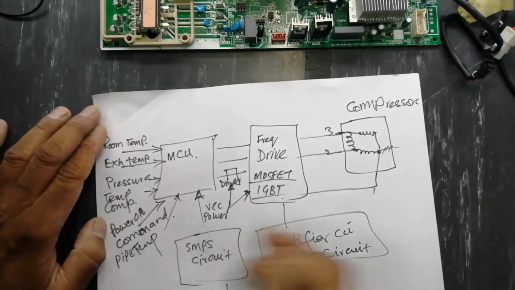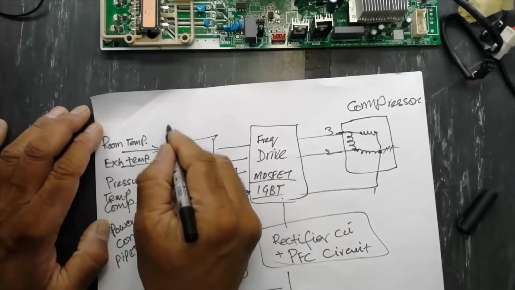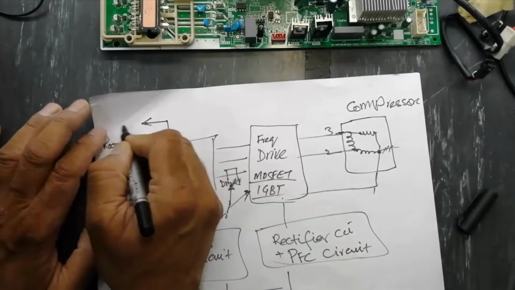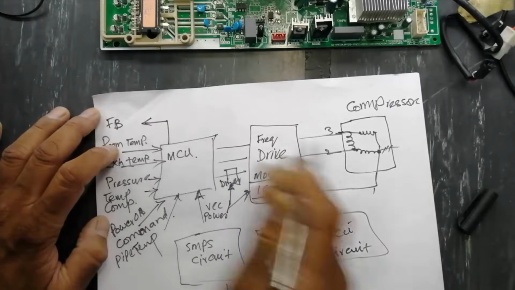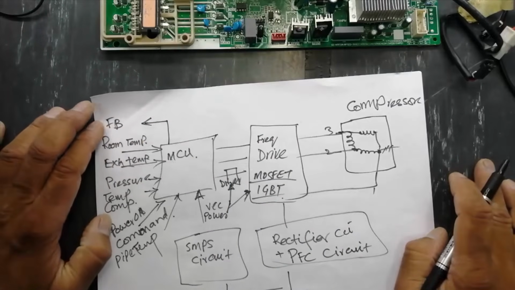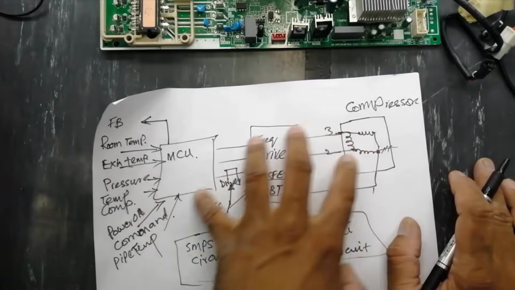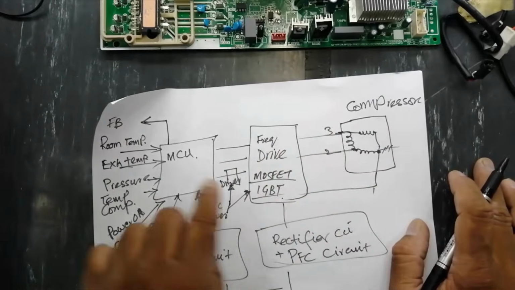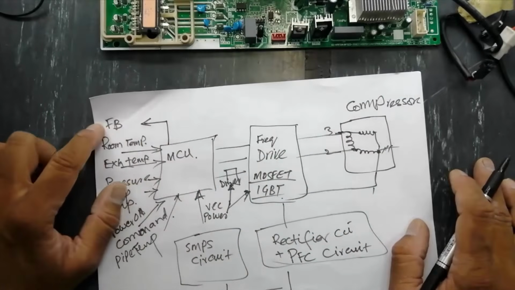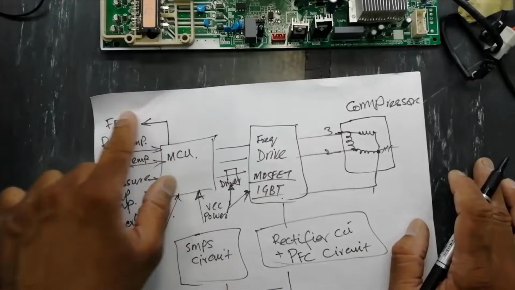When everything is running, it will give feedback to the indoor unit to display, and it will monitor the circuit here. Then it will generate a feedback command. If there is an error, it will report the error.